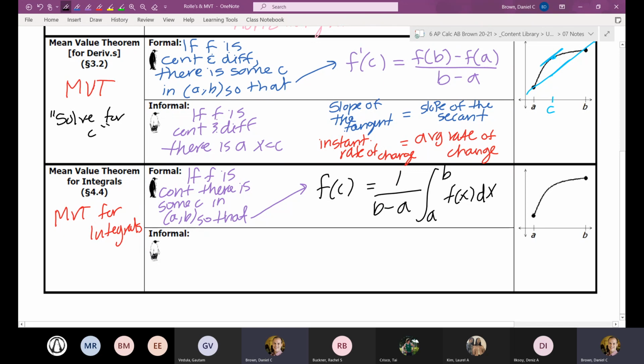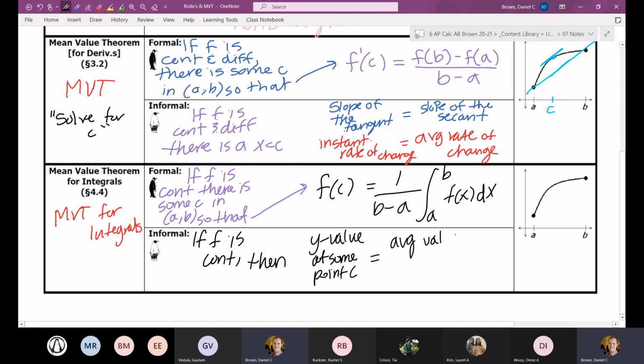Putting that in everyday terms, if f is continuous, then we have basically the y value at some point is equal to the average value of the function.